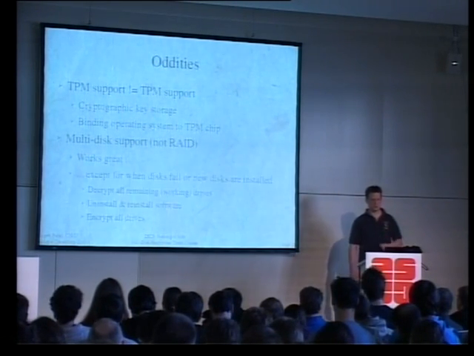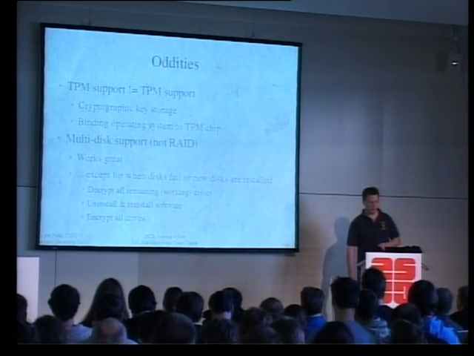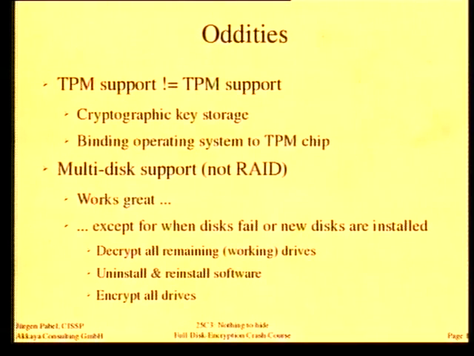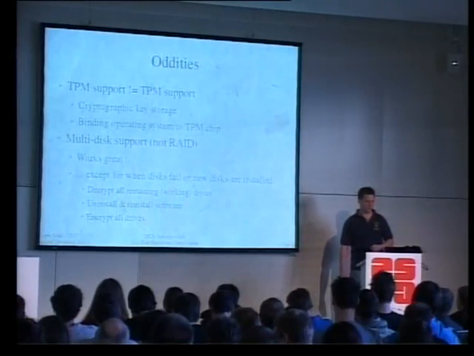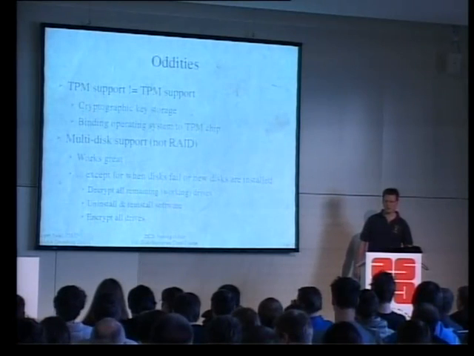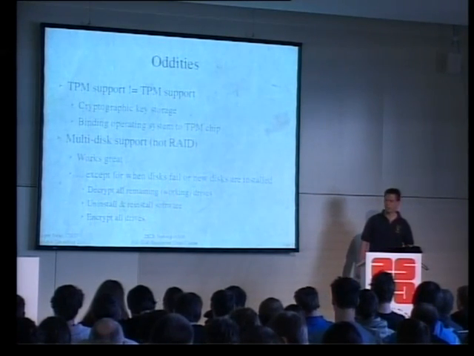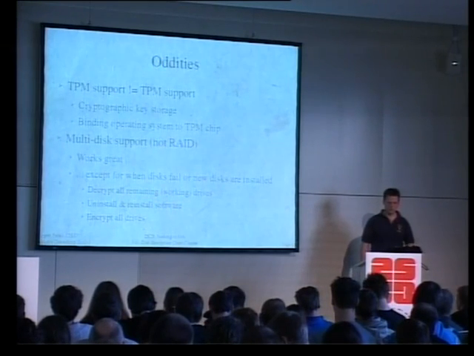And when such a failure occurs, all the products have to be deinstalled, which means decrypting your encrypted system, which means removing the software, which means reinstalling, which means re-encrypting all drives. And that's just a major flaw when you look at 20,000 systems that have multiple disks, and you want to install full disk encryption software on there.